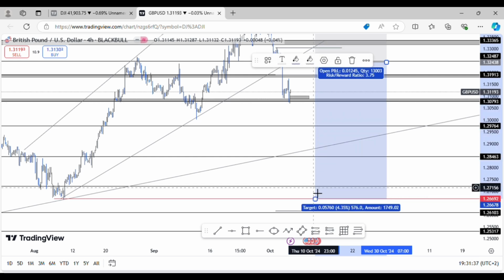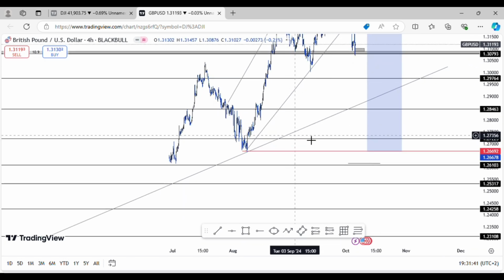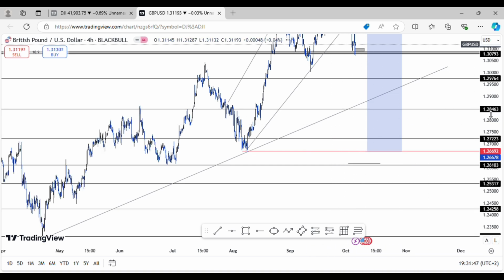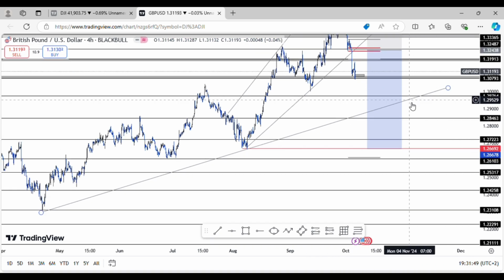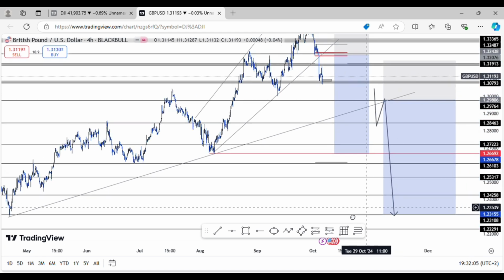And if possible, it breaks this resistance, sorry about that, this trend line that was identified on the daily time frame and gets to retest. Meaning I'll have to wait for something like this to happen. Then I know I'll also be looking forward to test and complete this 90% through to this level there. Understand?